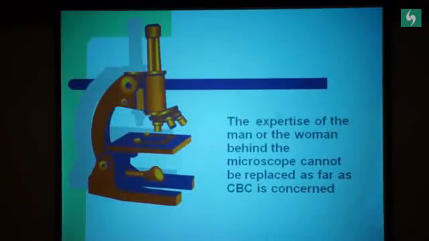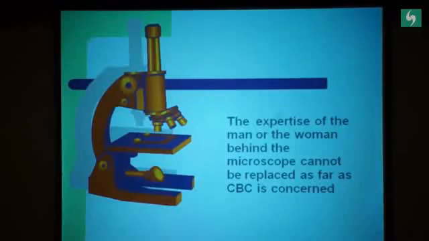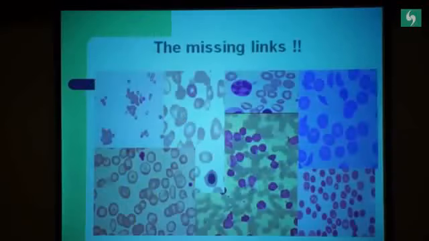So just the indices are not enough. What I want to highlight is that there should be more emphasis on ordering a peripheral blood smear, because the expertise of the man or woman behind the microscope cannot be replaced as far as the CBC is concerned, because therein lie many missing links. Now you see autoagglutination here, which can actually make a spot diagnosis.